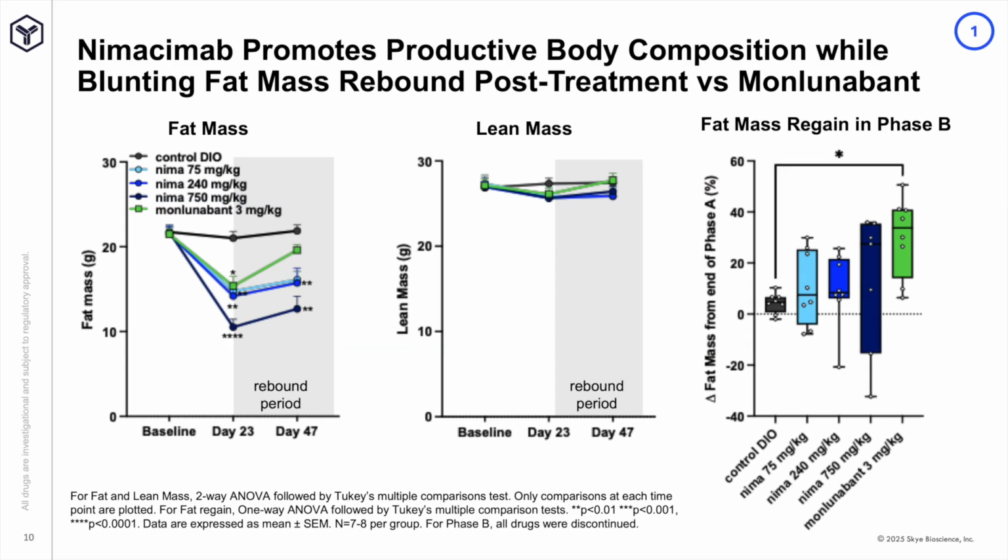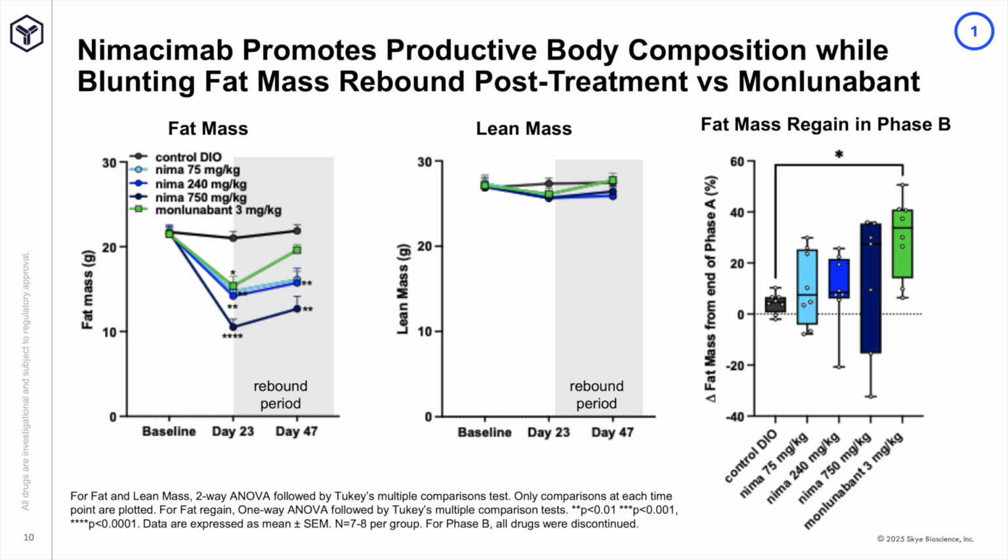Additionally, when looking at this rebound phase using an echo MRI endpoint, we can look at the relative shift in both fat mass and lean mass in the different groups. In the blue box, which represents the rebound phase, you can see that both the lean mass and the fat mass remain relatively stable for all nimacimab groups.